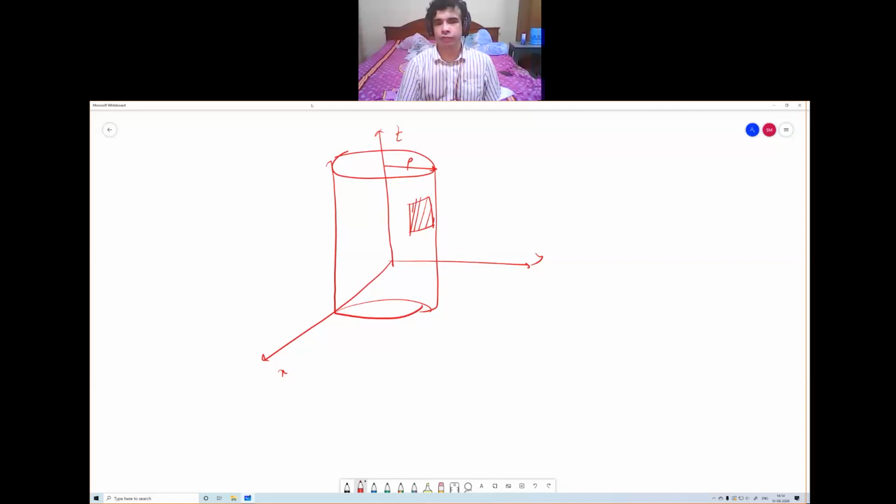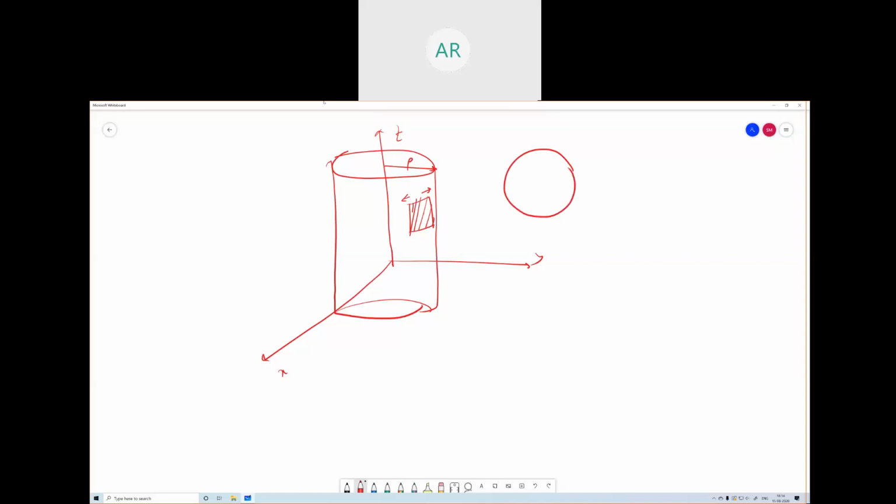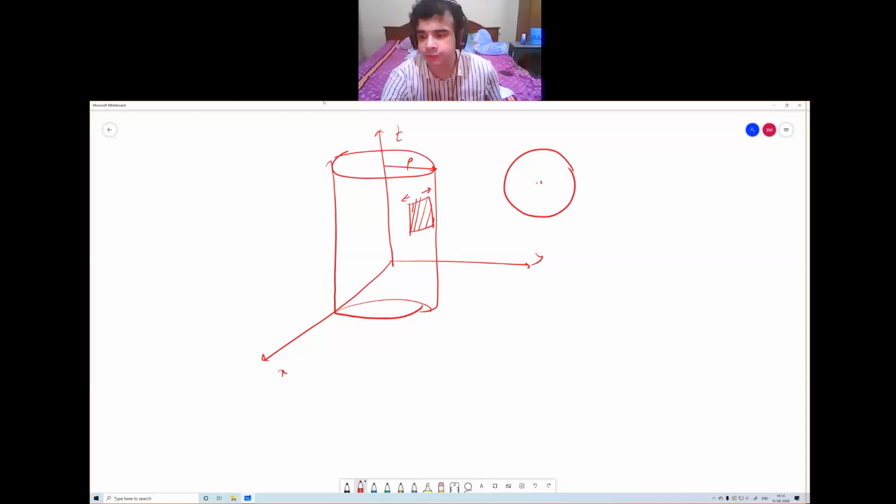What will be the area of this shaded surface? This surface is very small. What will be this length? It is a circle. Del x. No, we have to write in terms of cylindrical coordinates, not x.